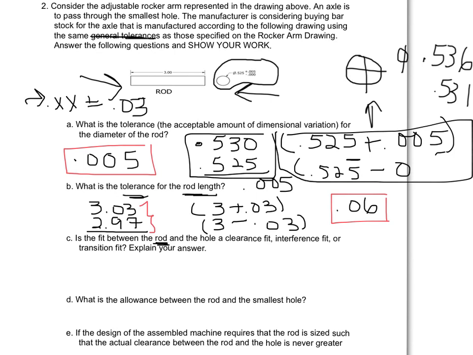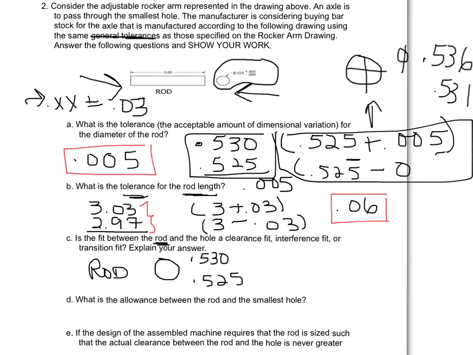Explain your answer. Okay, we're only looking at the diameter of the rod. So here's my rod. Its diameter, looking at my work in A, the biggest it can be is 0.530, and the smallest is 0.525. Okay, that's the rod information.